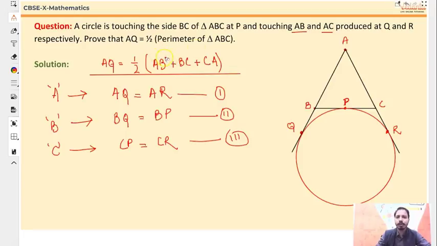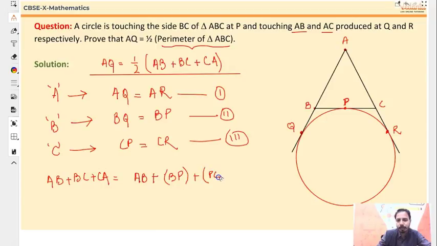Now, let me see what is the perimeter of ABC. Perimeter of ABC means AB plus BC plus CA. And now, AB plus BC plus CA, I can write in this way: AB plus, in place of BC, I can write BP plus PC. Understood? BP plus PC is nothing but BC.